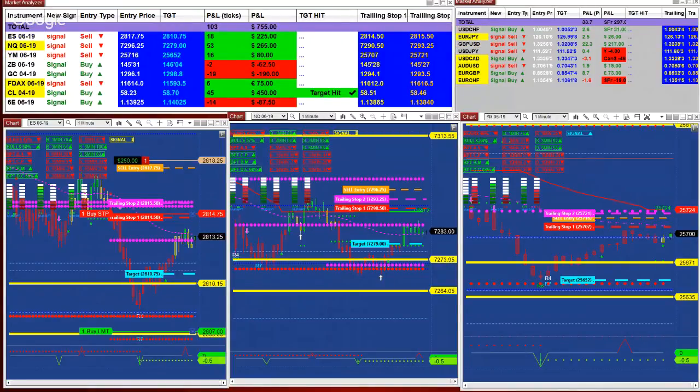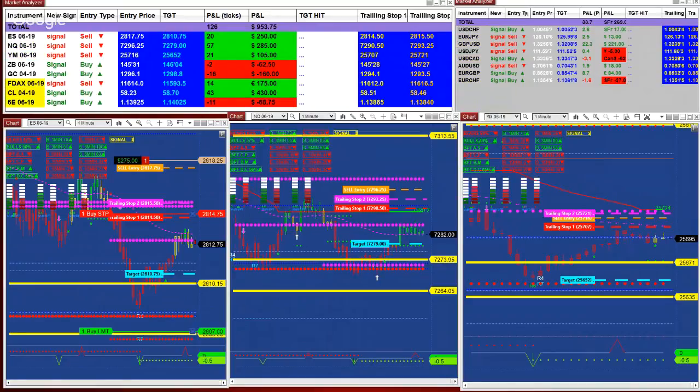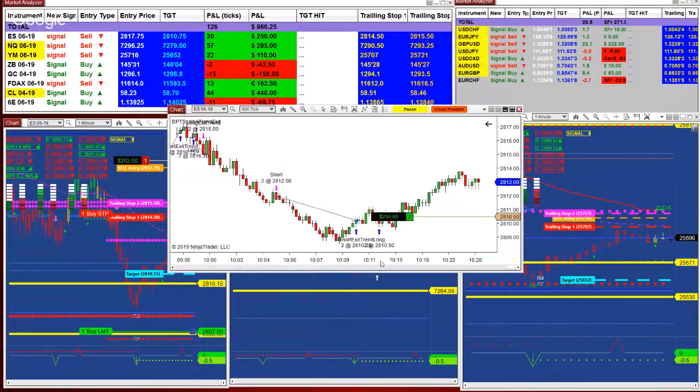But we are waiting on a new signal here. I want to talk about the swing trading. Some of the traders don't understand the chop market, and how choppy the market can get. You can use the 600 ticks.